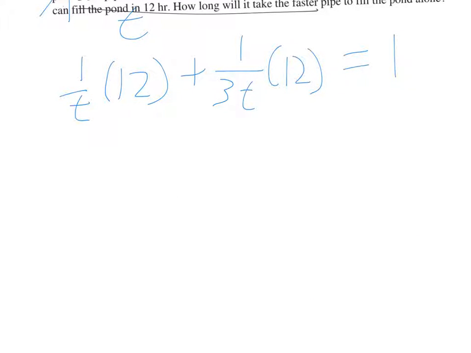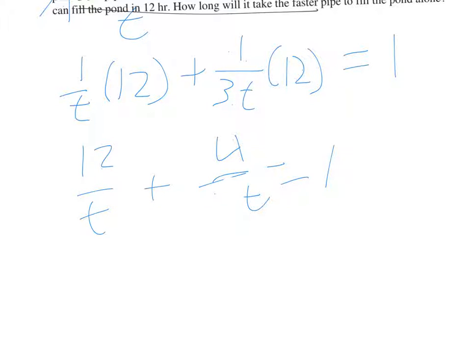Now 1 over t times 12 is just 12 over t. Then 1 over 3t times 12 would be 12 over 3t equals 1. Now 12 over 3 reduces to just 4, so it ended up being 4 over t.